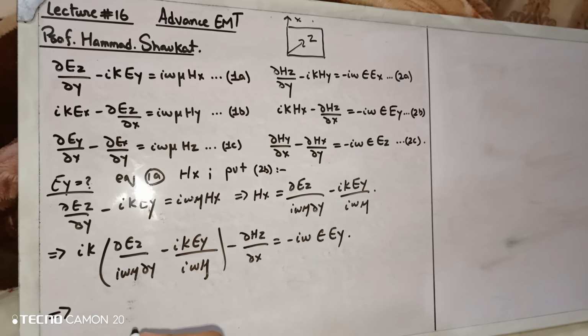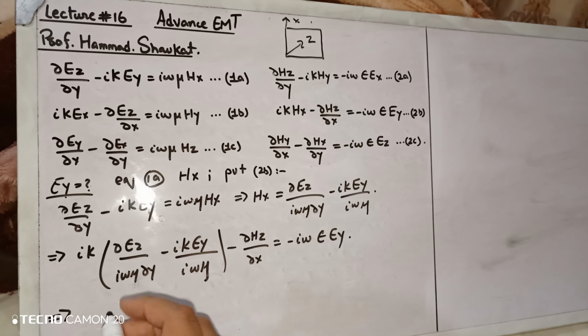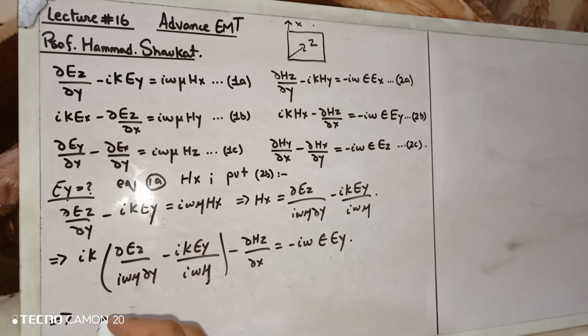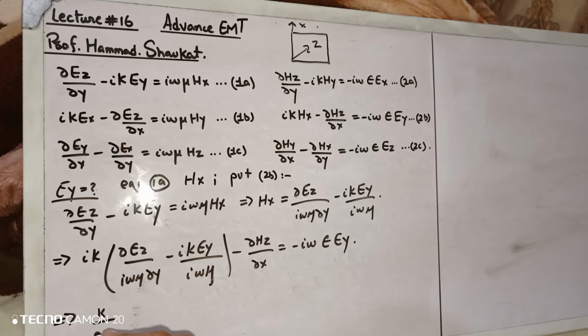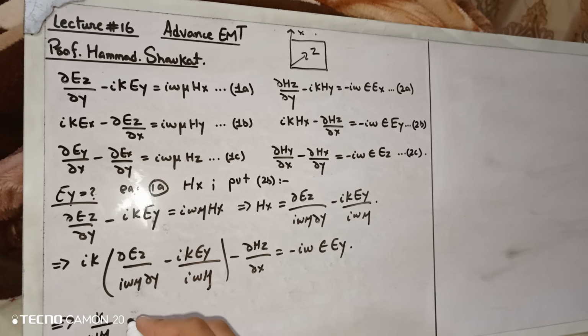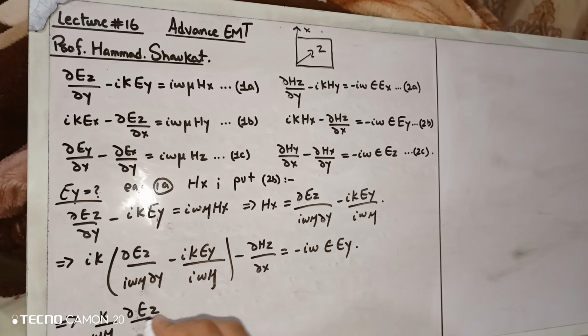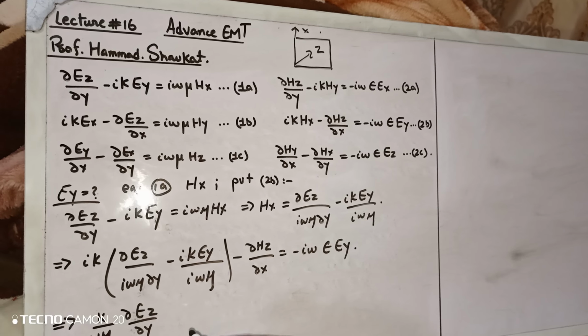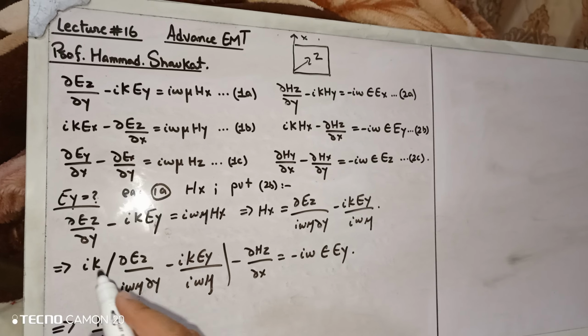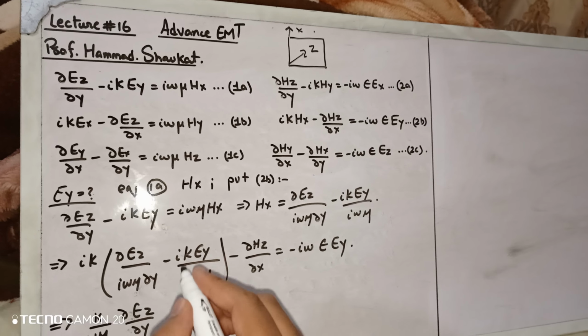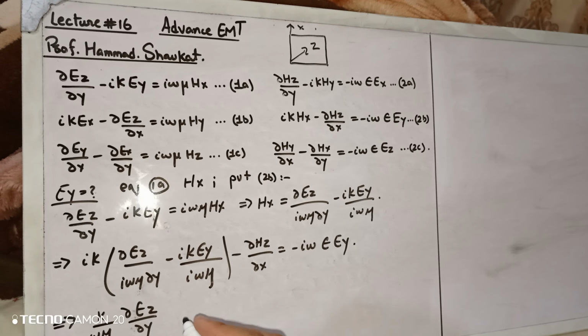So let's multiply our equation. After multiplying, our equation becomes k divided by omega mu partial Ez divided by partial y, because this iota cancels with this, only k multiplied by this, and this iota cancels by this, it becomes minus.